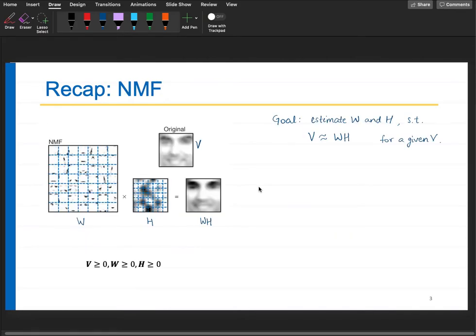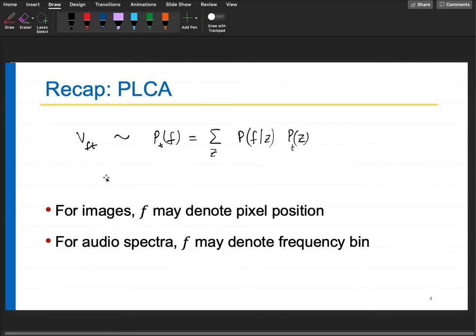Like in this case, they are eyes and nose and ears, and different kinds of eyes, different kinds of nose, different kinds of ears, those kind of stuff, right?